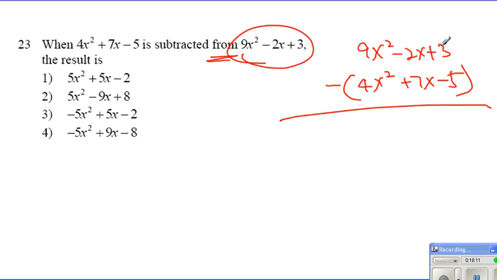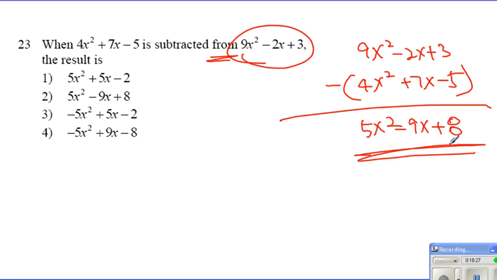What's actually happening? 3 minus negative 5 becomes positive 8. Negative 2x minus 7x becomes negative 9x. Here we have 5x squared. So that is our calculation based upon this one. We will end up getting positive, negative, positive. Okay, so choice number 2.